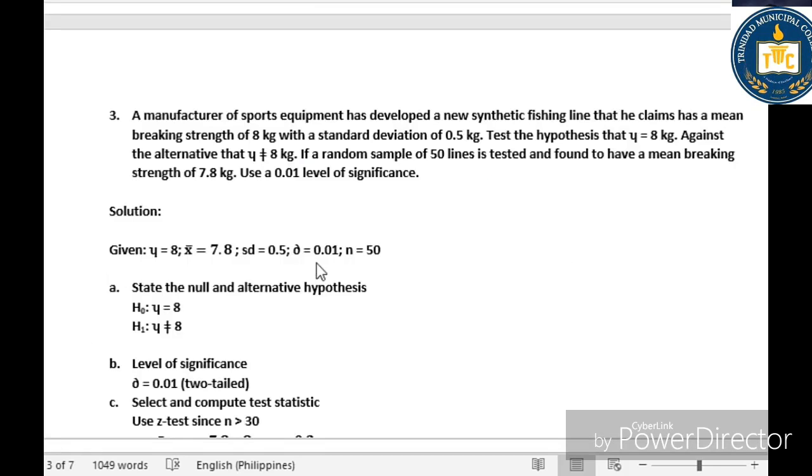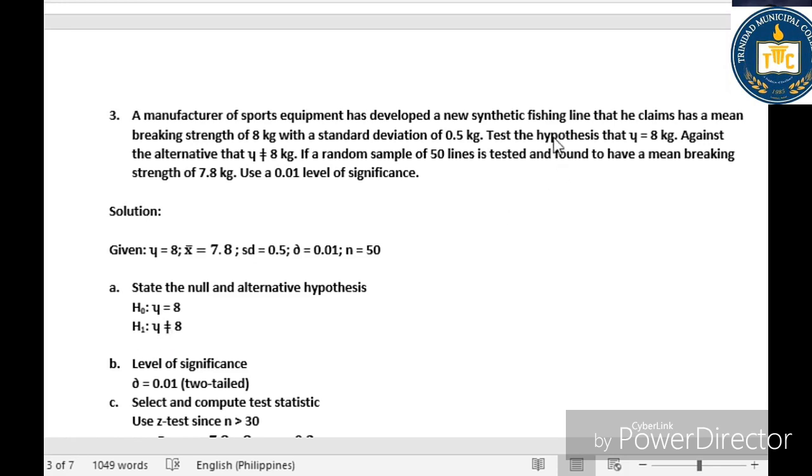So let's go back to step 1, the hypothesis. Reject our HO or null hypothesis, which is the mean is equal to 8. Then the decision we accept is the alternative hypothesis, which is the mean is not equal to 8.